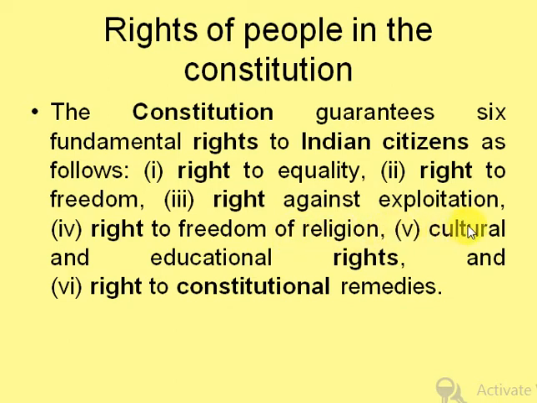And the fifth one is cultural and educational rights. Each citizen of the nation has the right to get education. In fact, the government has provided free education also to several groups of people on the basis of their background, whether on the basis of gender.